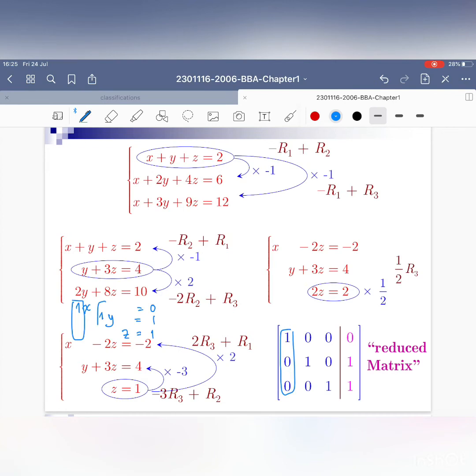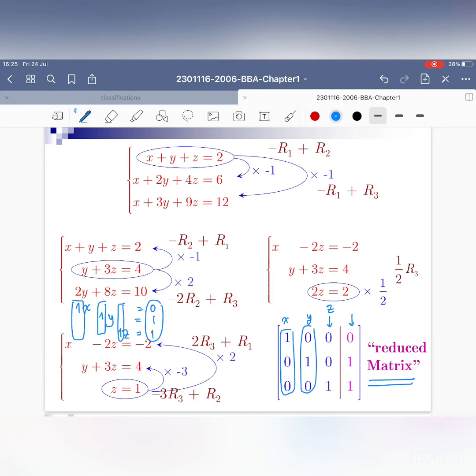The coefficient for your y on each equation is 0 1 0, and the coefficient of your z in each of the equations is 0 0 1, and on your right hand side it is 0 1 1. Okay, this kind of matrix is so-called a reduced matrix.